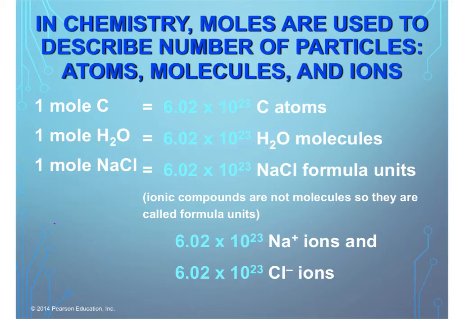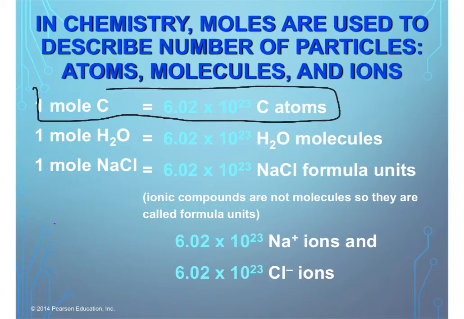The original definition came from how many carbon atoms there are in 12 grams of carbon. All right, so you'll see as we go along, you literally can't count atoms, okay? So we have indirect ways of counting them.